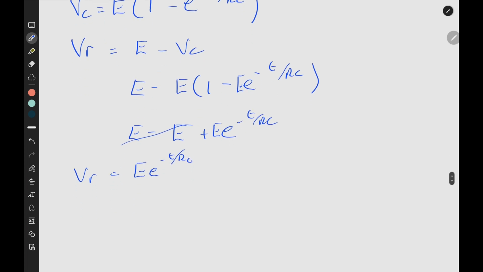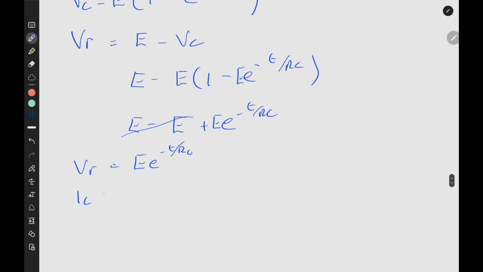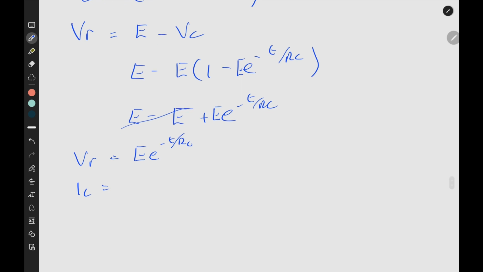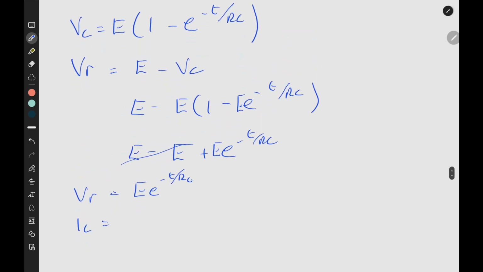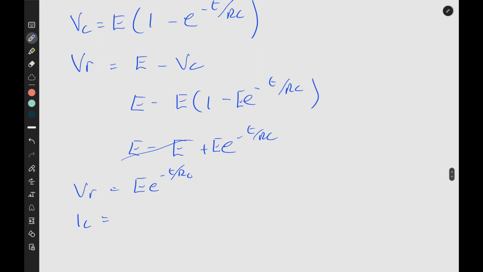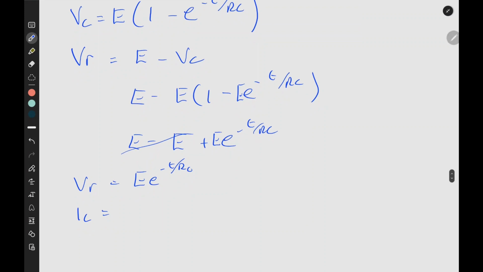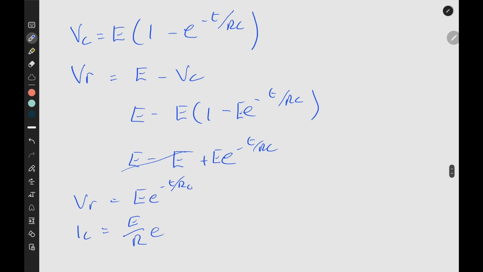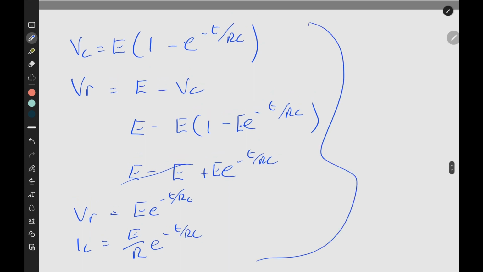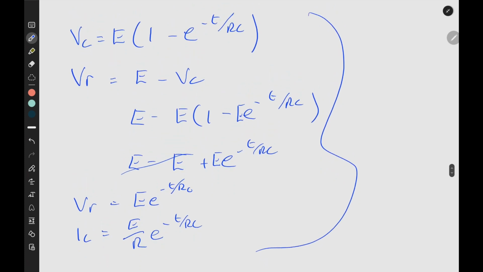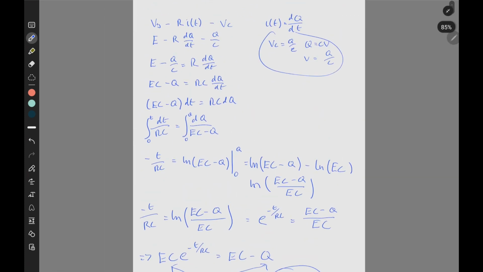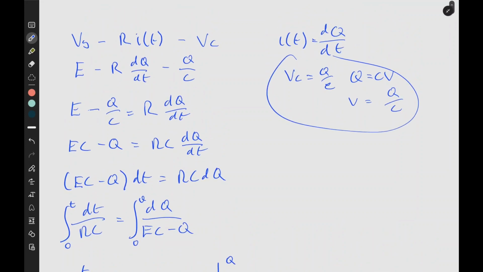And the current you just have to remember. It's the voltage divided by the resistance, and it decays times e to the negative t over RC. So there are your three equations for an RC circuit.